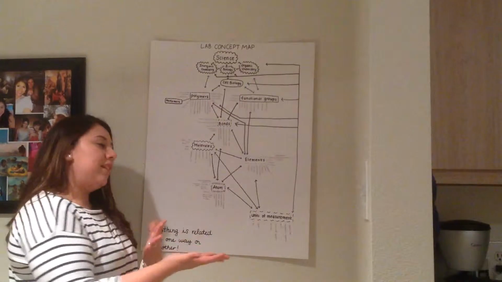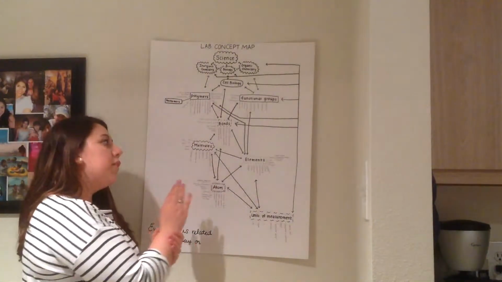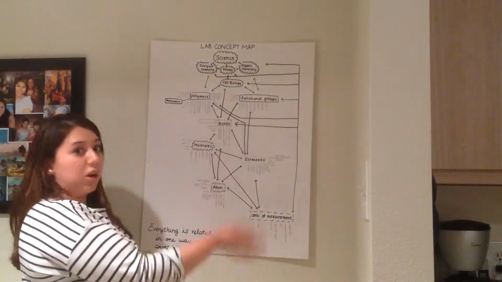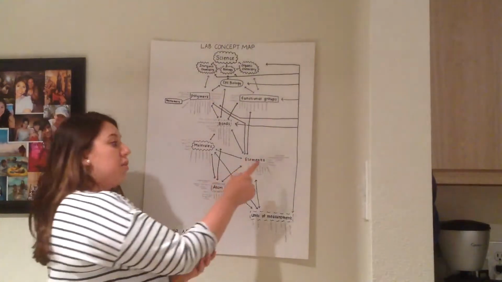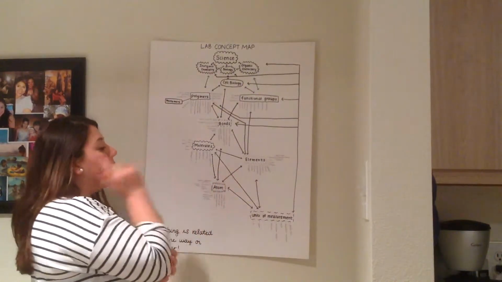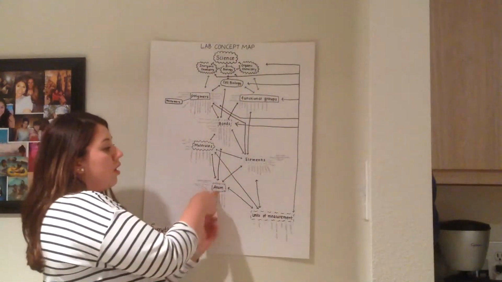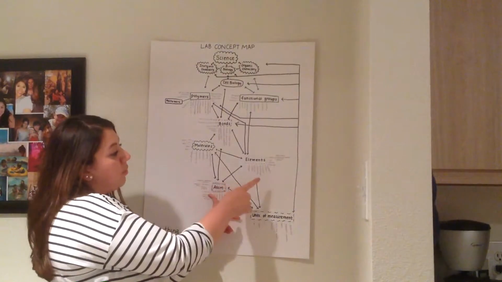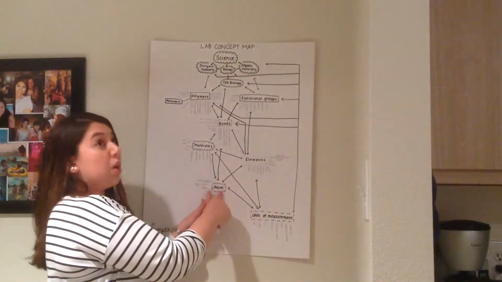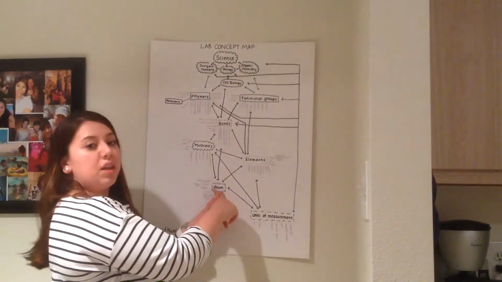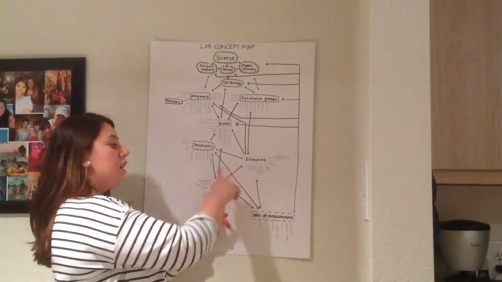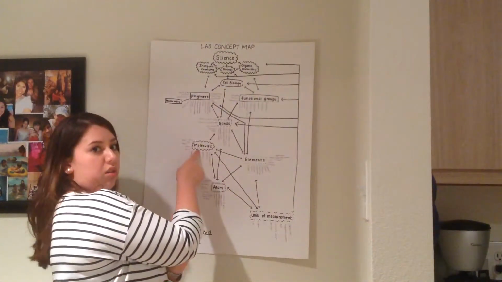Let's say if you wanted a water molecule, two of the elements would have to combine to make a molecule. So two hydrogen atoms, hydrogen being one of the elements, would have to connect with an oxygen atom, which is also an element, to create a water molecule.